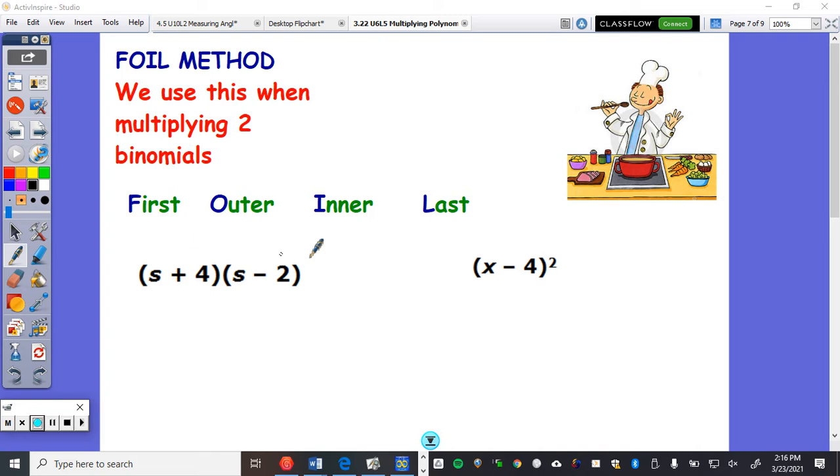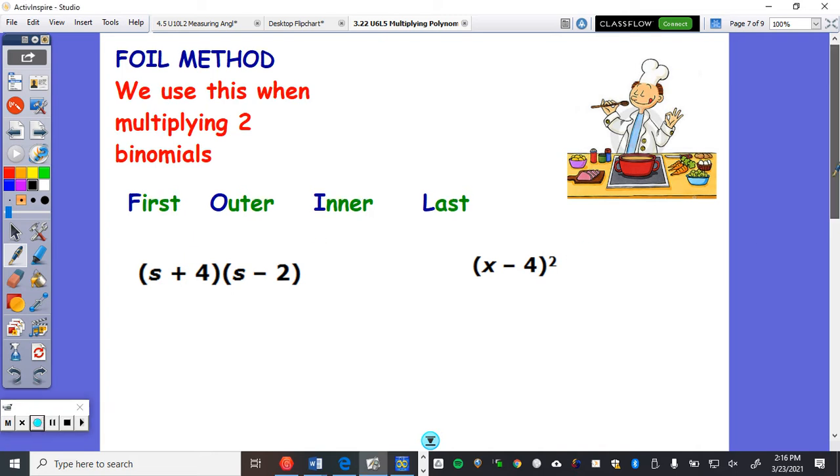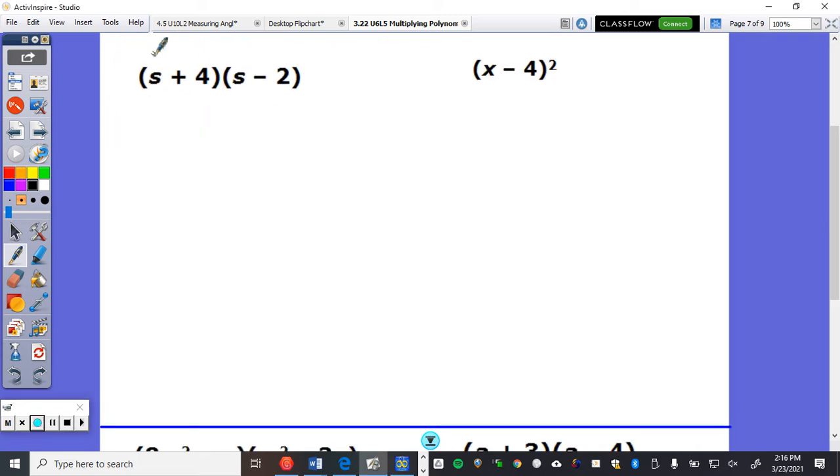So if I look at this first one right here, I'm going to distribute this s first. So s times s, s squared. s times negative 2, negative 2s. 4 times s, 4s.